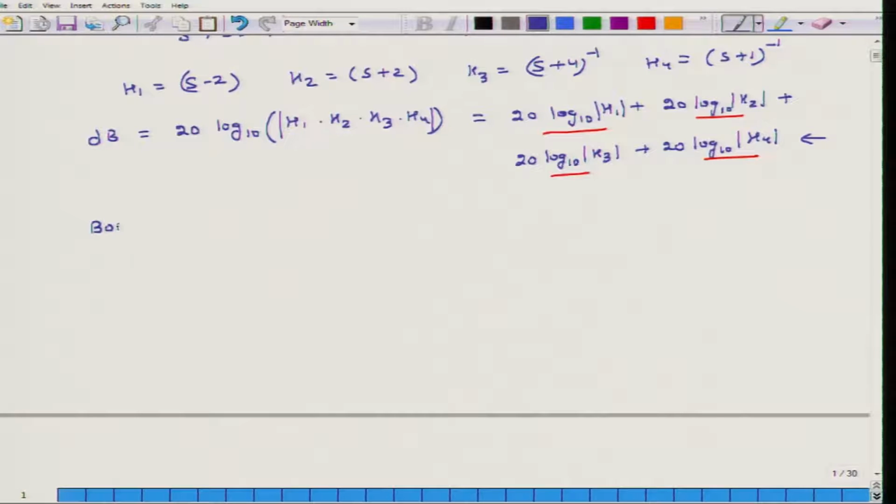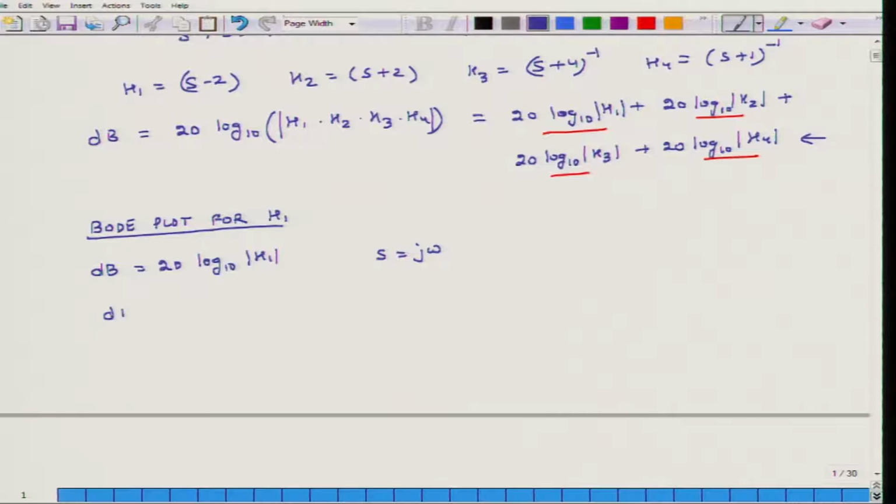So, Bode plot for H1: dB equals 20 log of H1, and when we are doing Bode plots, s is equal to j omega.